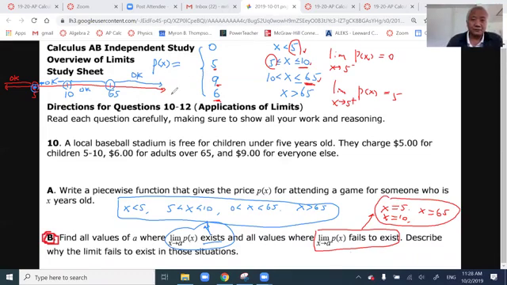For this one, recall what we did was set up the piecewise function based on the story.